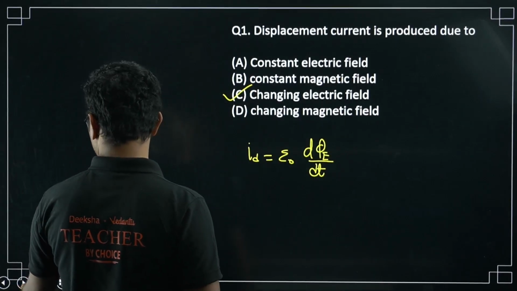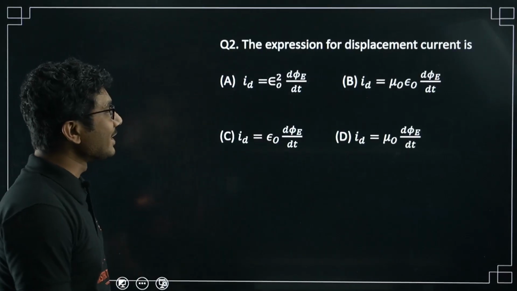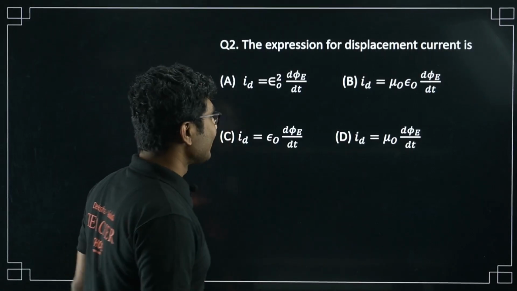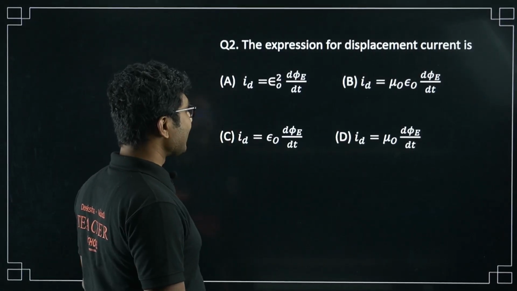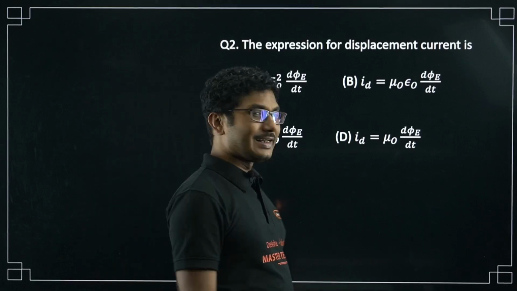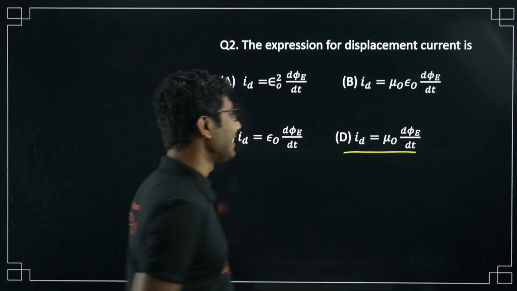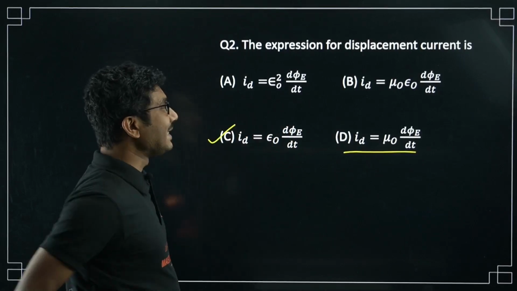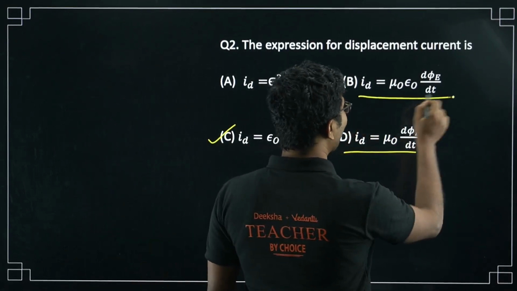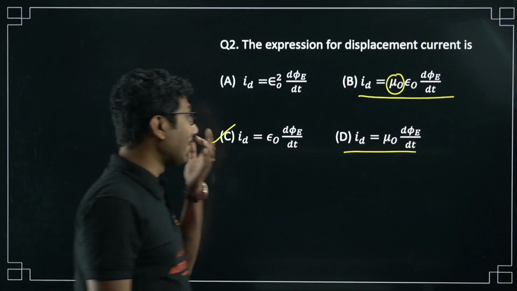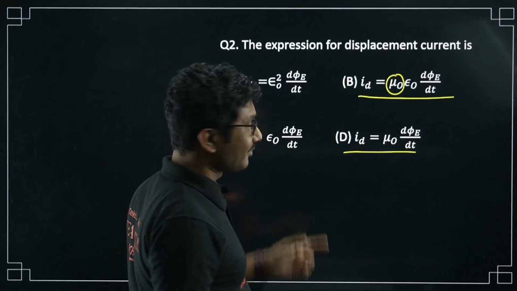Now let's move on to the next question. The expression for displacement current. I have already given you this answer in the previous question. So the expression for displacement current is epsilon naught d phi E by dt. No, not option D, option C. And be careful about this option. This mu naught is coming from Ampere's circuital law and not from the expression for displacement current.